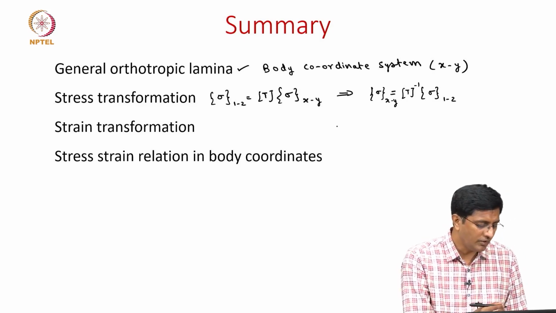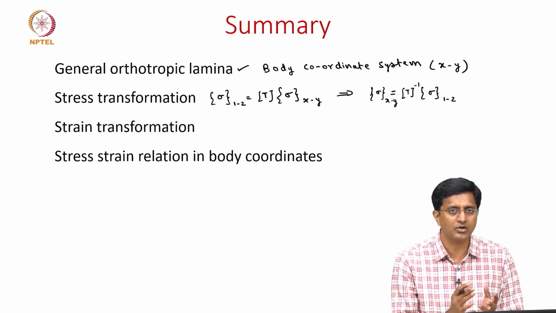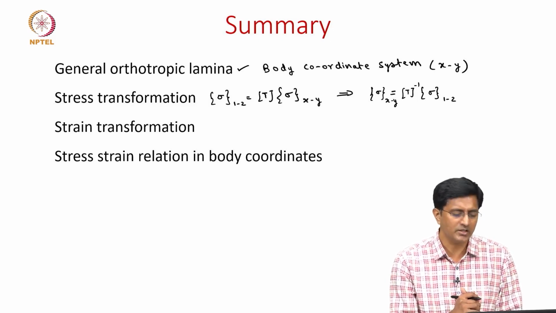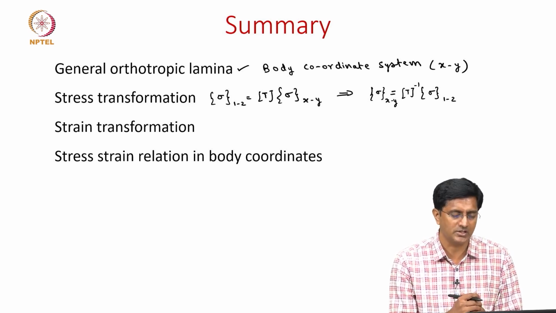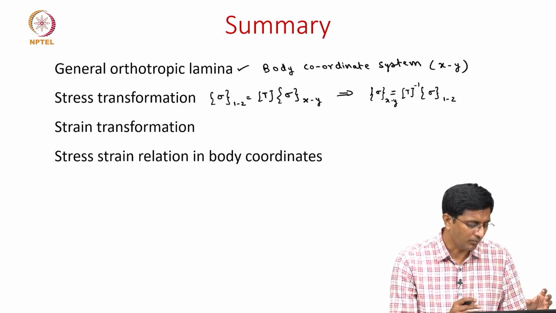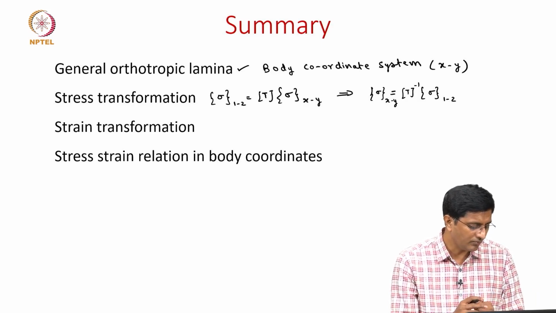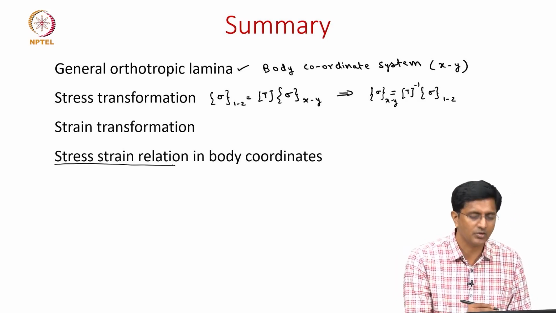And similarly, we also wrote it for the strain transformation, but we realized that because of the differences in the tensorial definition and the engineering definition of the strain, we need to introduce this Reuter matrix, and only then can we use this transformation matrix T. But once we looked at the stress and the strain transformation, we took advantage of it and derived the stress strain relations in the body coordinates.